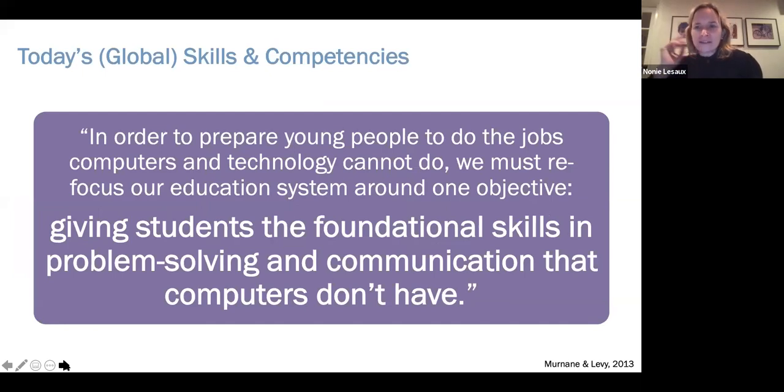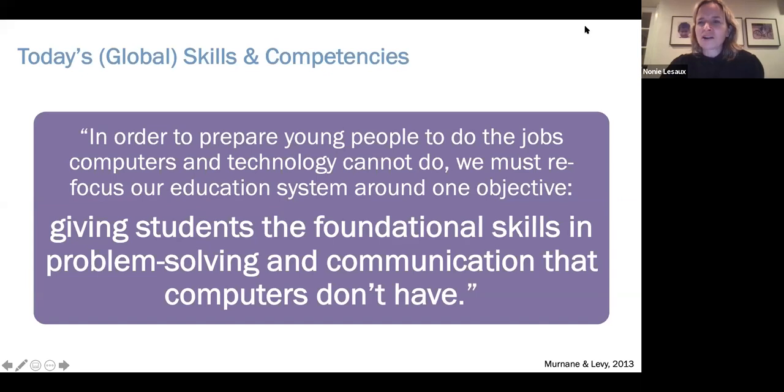What has happened here, as I alluded to just a moment ago, is that we've got computers and technology and artificial intelligence and automatization that has changed what we need of humans to carry out the work in our societies and economies.